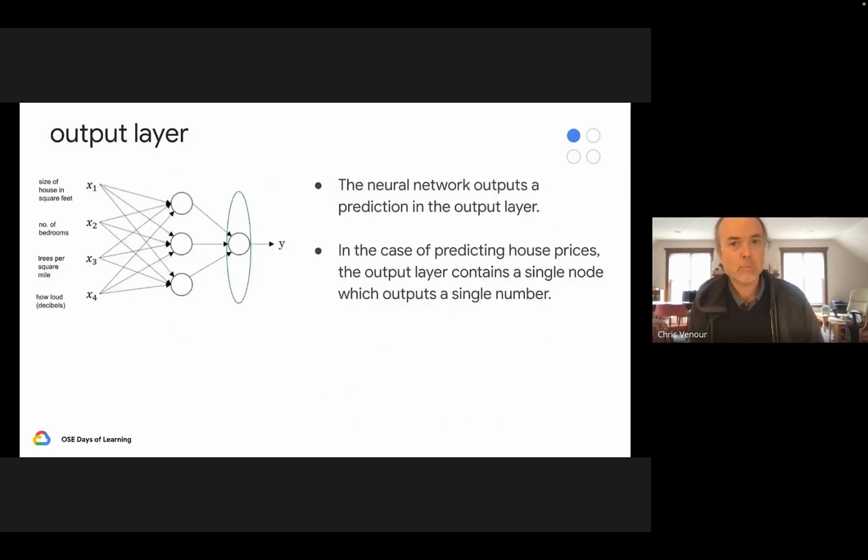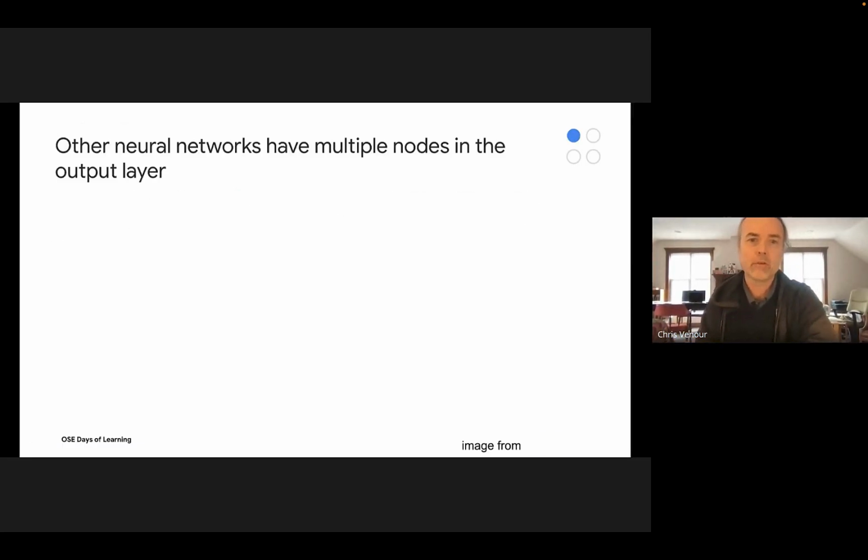And finally, the output layer is where the neural network generates its prediction. So for tasks like predicting house prices, the output layer consists of a single node. But the number of nodes in the output layer depends on what kind of problem the neural network is trying to solve.